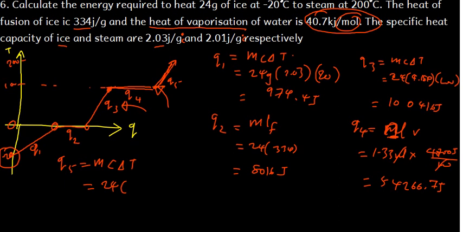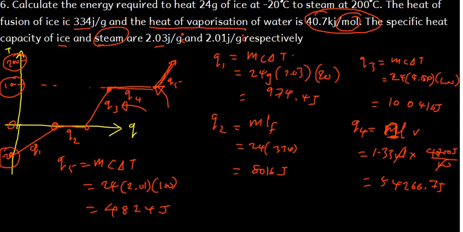So the specific heat capacity of steam is 2.01. And then the change in temperature, the final temperature is 200, the initial one is 100. So 200 minus 100, change in temperature is 100. So that is going to give us 24 multiplied by 2.01 and then multiplied by 100, which gives us 4824 joules.